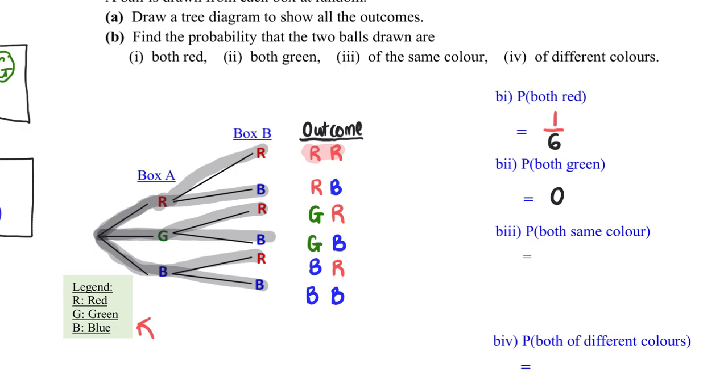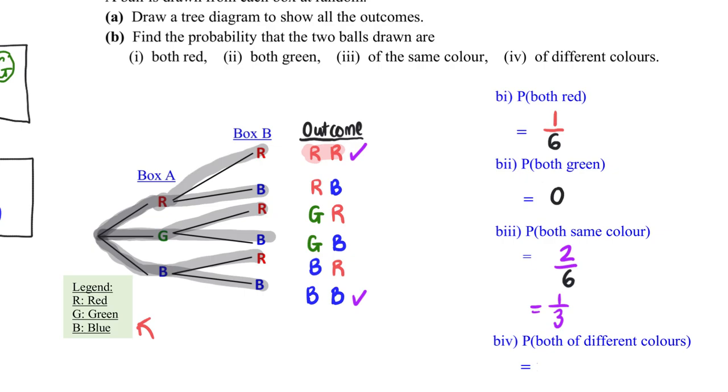Probability that both are the same color, I will have then red and red, blue and blue, so it's 2 out of 6. So the final answer would be 1 over 3.